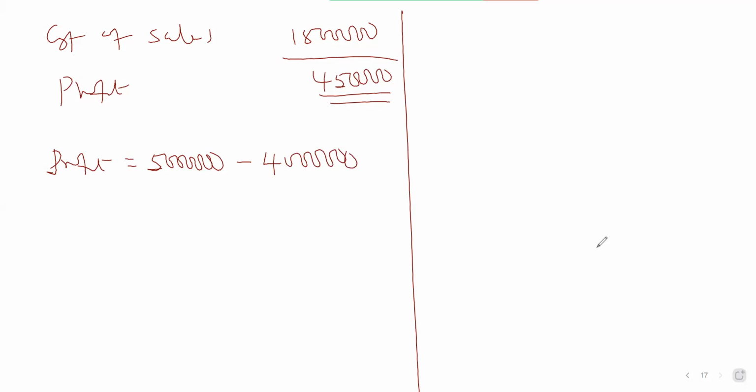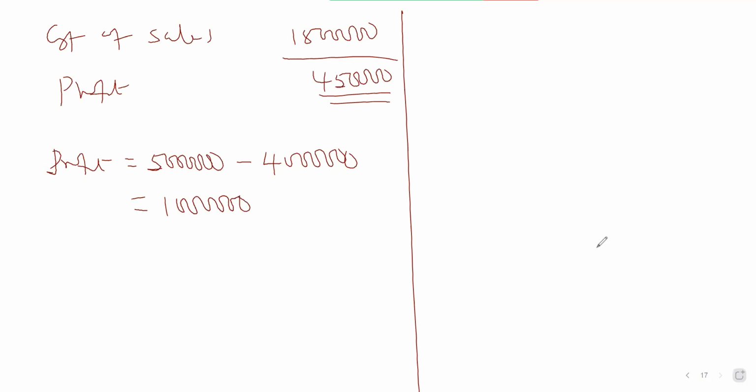The cost that we are going to incur in year 1 to finish the contract is 4 million, and we have incurred 1.8 already. We are expecting to incur 2.2. So the total cost in year 1 will be 4 million against the revenue of 5 million. So the total profit that we'll be getting from the contract is 1 million, isn't it?